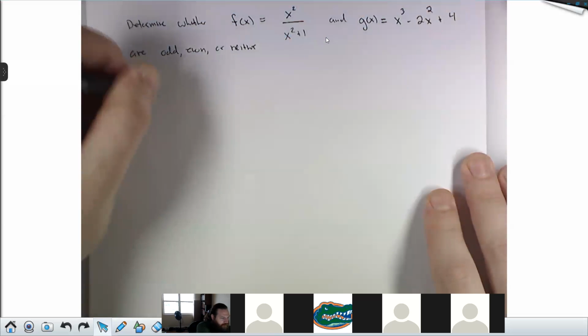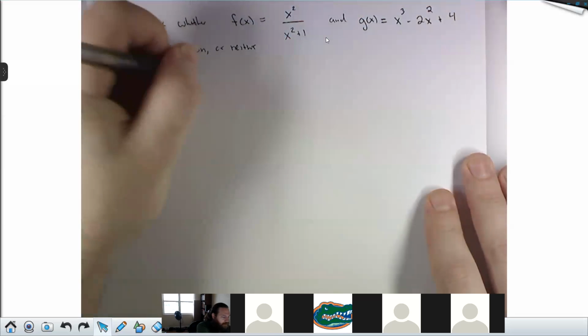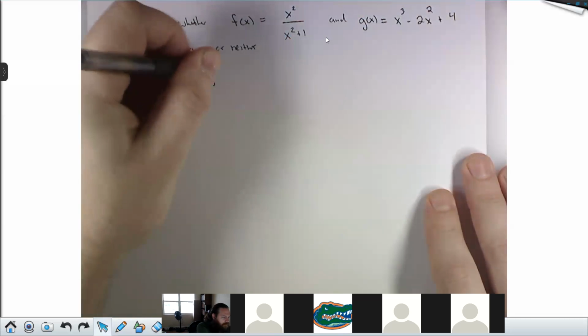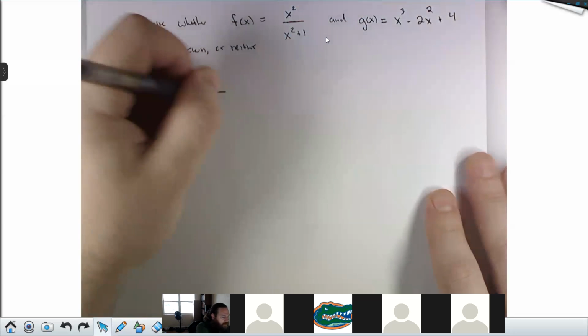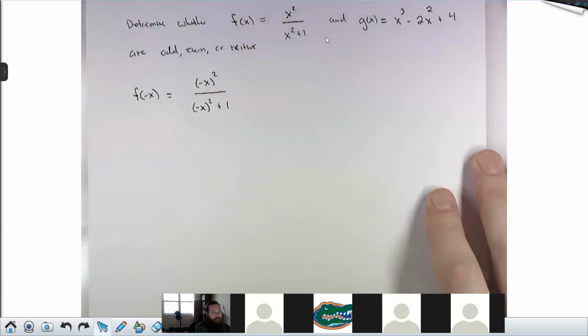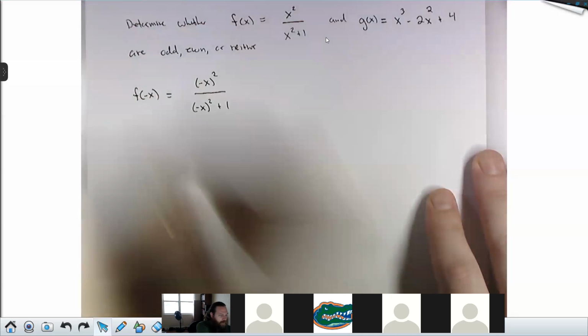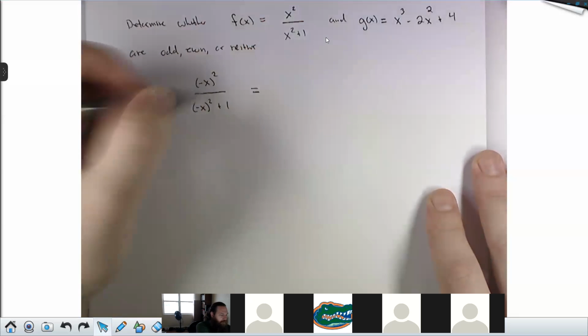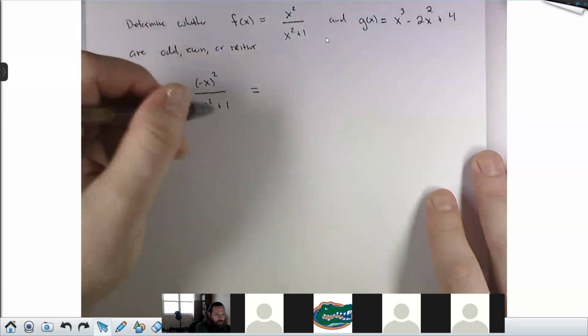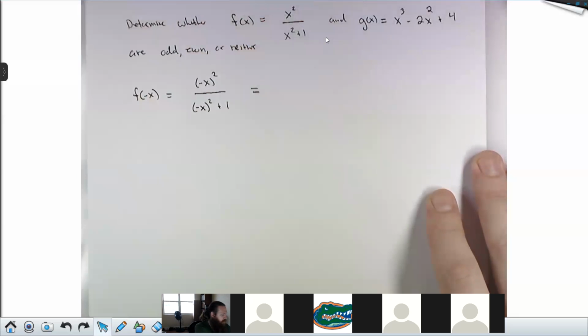F of negative x here would be negative x squared divided by negative x squared plus 1. Just everywhere there is an x, I write parentheses negative x instead. And in the same way we simplified negative x squared to x squared in the previous problem, this is just going to be x squared, and this is just going to be x squared.